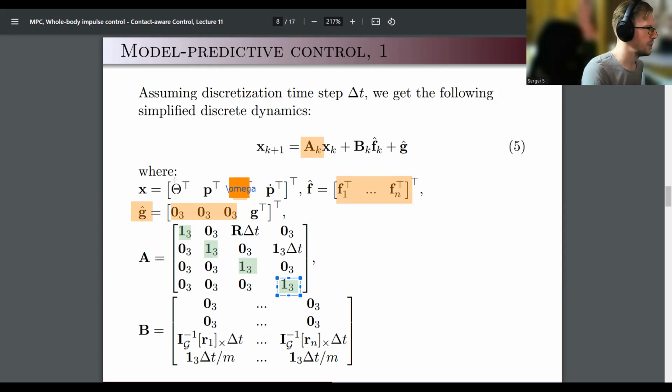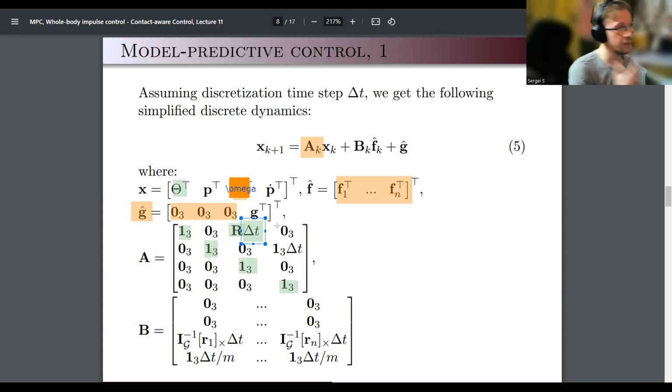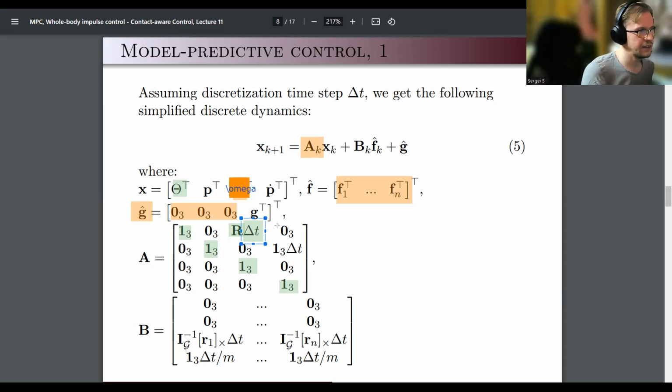So for example, next orientation is equal to the current orientation plus R times omega times dt, right? R times omega, remember, is theta dot. So theta dot times dt is the difference between next theta and previous theta.